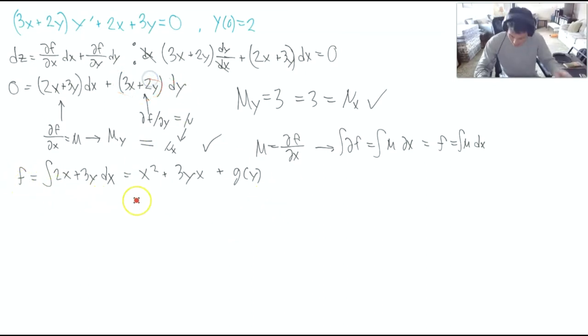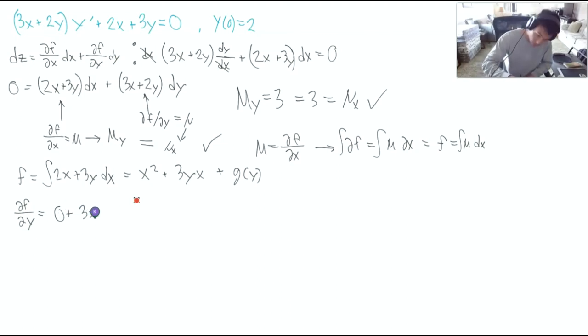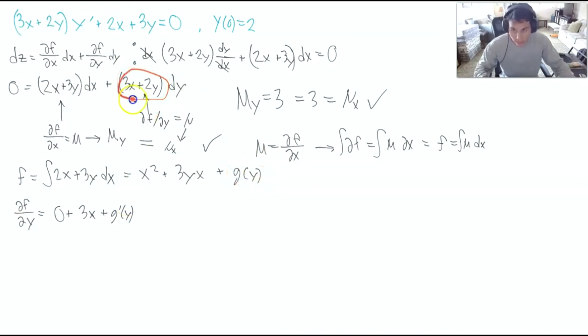So let's do that. So df dy is going to be 0 plus 3x plus g prime of y. Right, so we took this derivative with respect to y because we had some arbitrary function of y, and then we're going to compare it to this guy right here, which is also df dy.